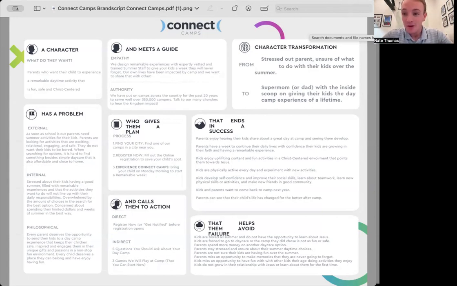There are several different parts of a brand script, and we read our brand script in this way. This is section 1, a character. Section 2 is has a problem. So it kind of reads like a sentence. A character has a problem. Section 3 is meets a guide. So a character has a problem and meets a guide who gives them a plan and calls them to action that ends in a success and that helps them avoid failure so that they can be transformed as a character.